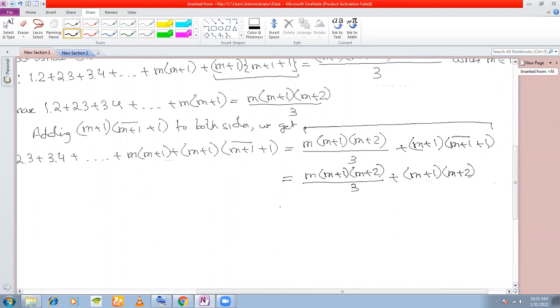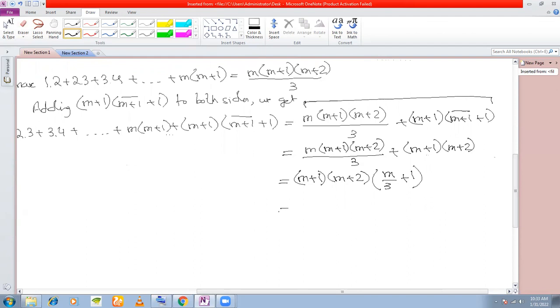Okay. Now if you see from these two, we can take which one's common? m plus 1 into m plus 2. m by 3 plus 1 is left, right? If you take LCM here, you're going to get m plus 3 by 3, right?